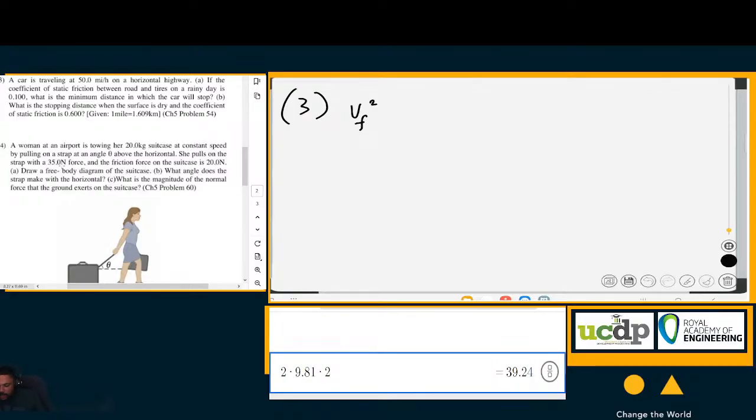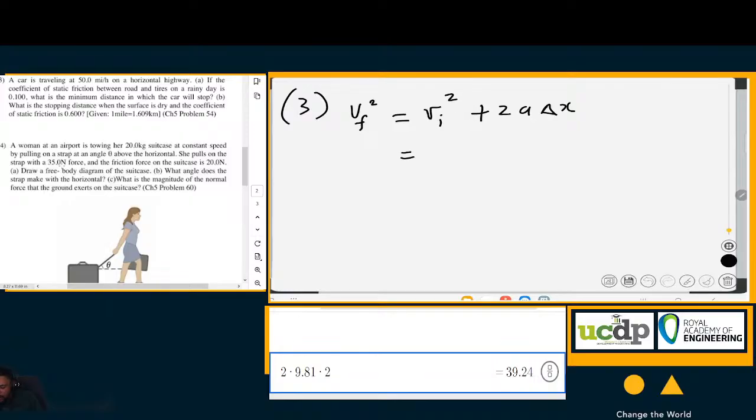So we need a formula that has acceleration, distance, and initial and final velocity. And I can think of only one that has all of those, plus 2 times the acceleration times the change in the distance. Right? We use that formula.